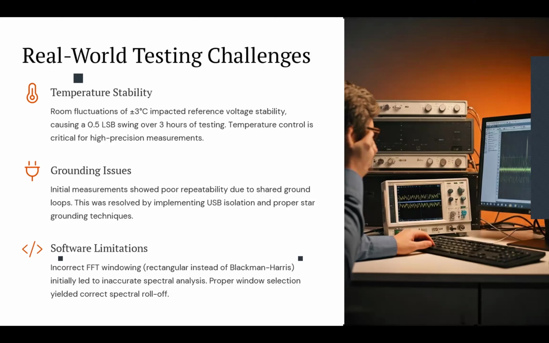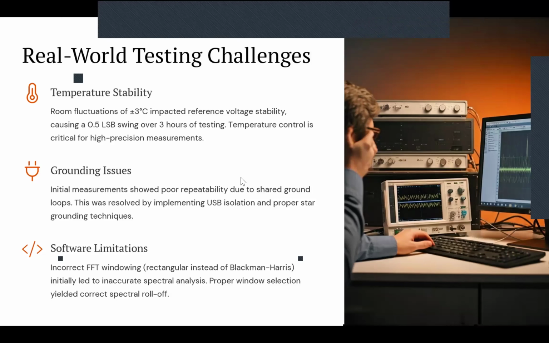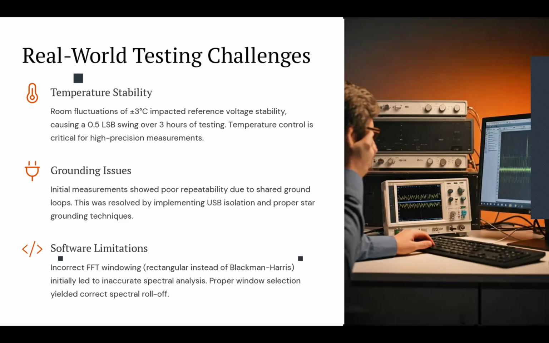Okay, and after that is a software limitation: how correct our FFT is. We could use a rectangular window to calculate the FFT. It is one of the window functions that creates spectral leakage, so an error in the FFT.